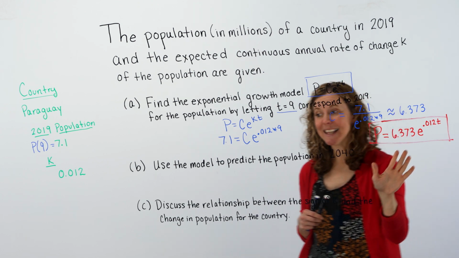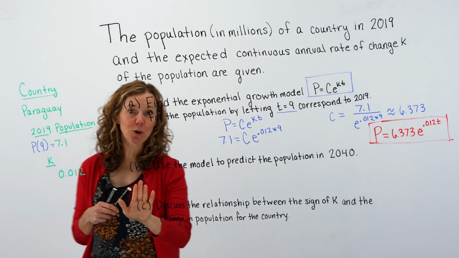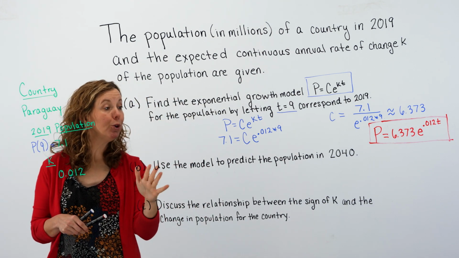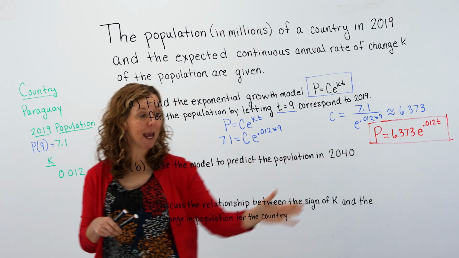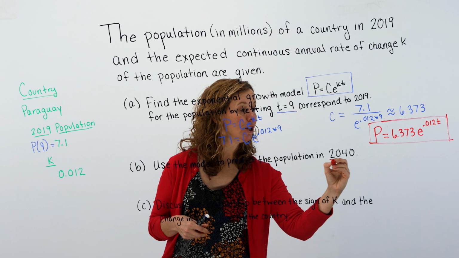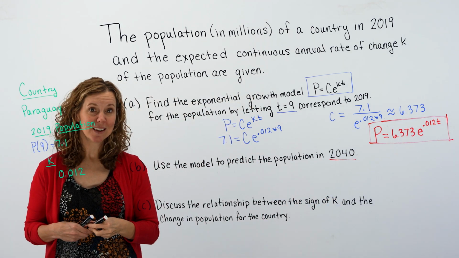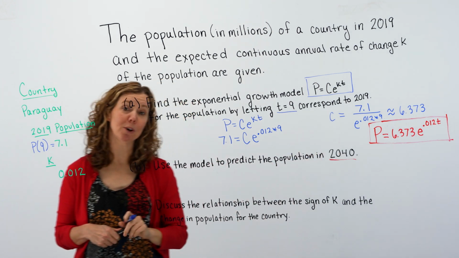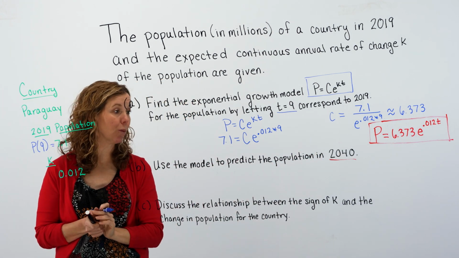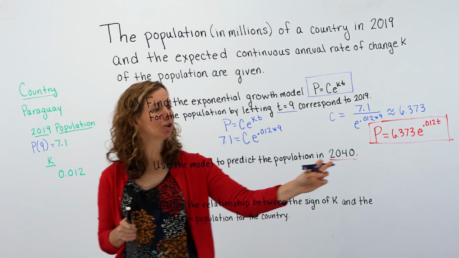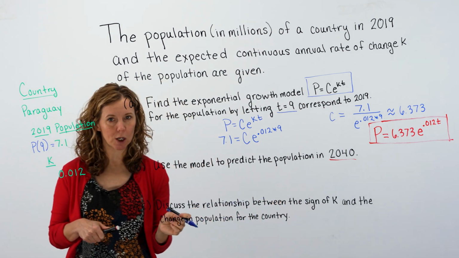So now let's continue on with question B. B asks us to use the model that we found in part A to predict the population in the year 2040. So how do we do that? Well, we have this model that allows us to predict the population in any year that we're given. The only thing we have to be careful about is to interpret this year 2040.